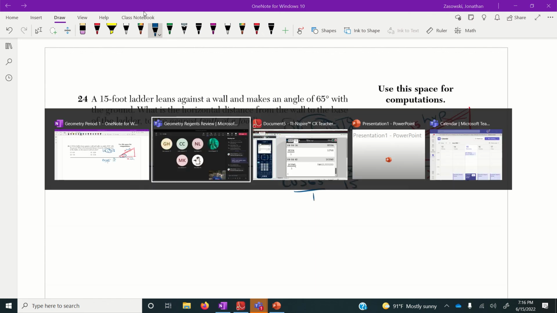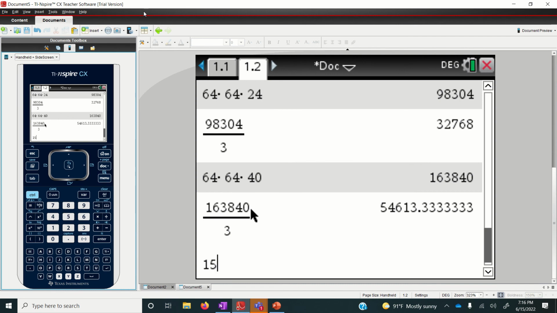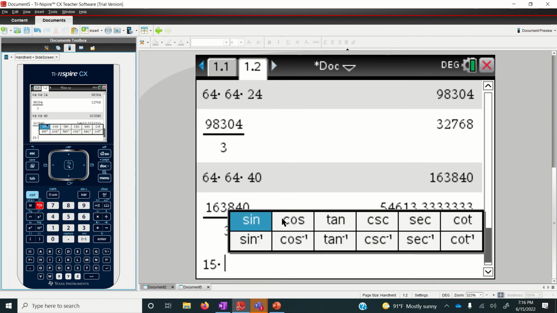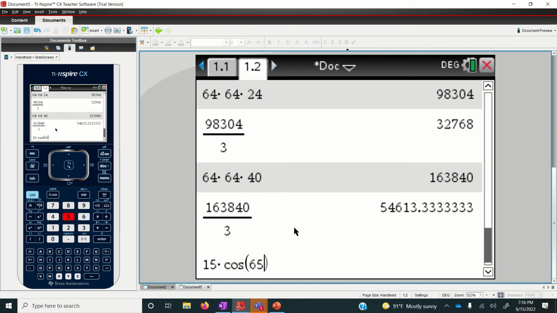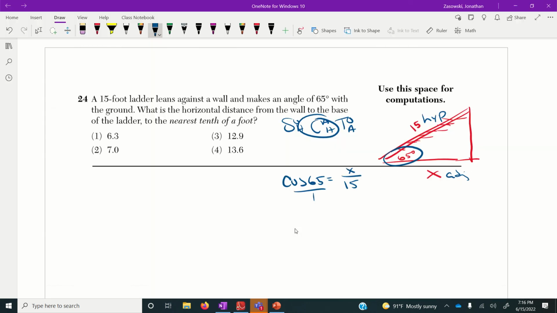So we're just doing 15 times the cosine of 65. That's 6.33, it says nearest tenth, so 6.3 is going to work. And there we have ourselves an answer.